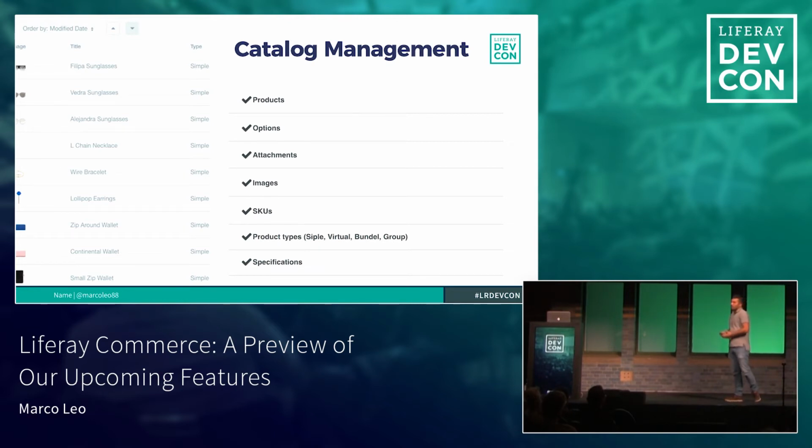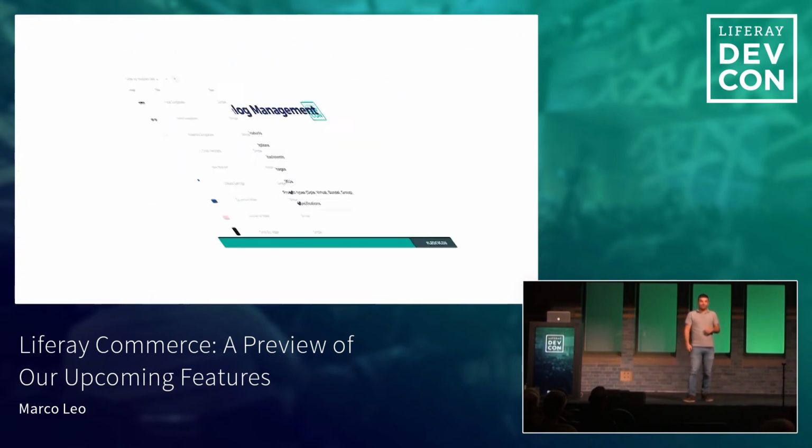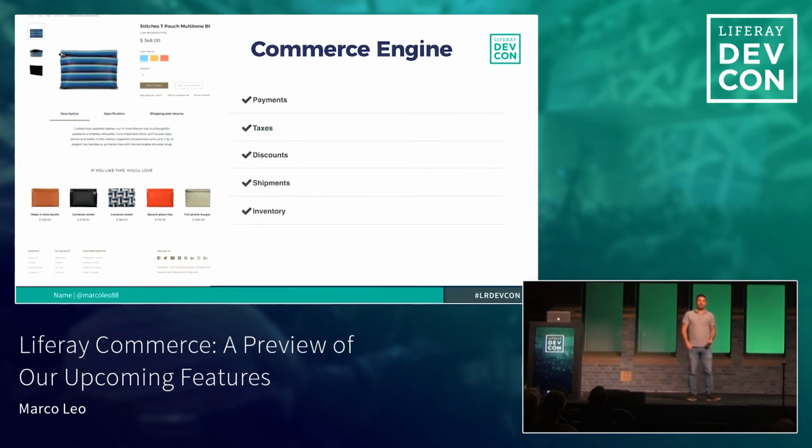Things like options, SKUs, attachments, images, even product types can be changed. We are going to support out-of-the-box different product types like simple product, virtual, bundle, and grouped product, as we are used to in the B2C world.